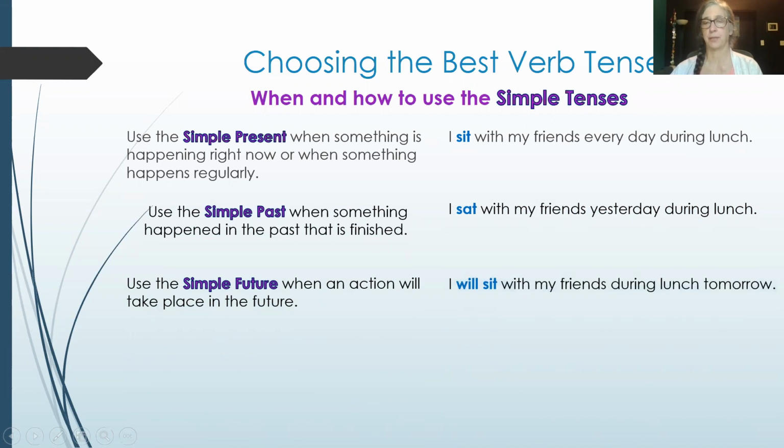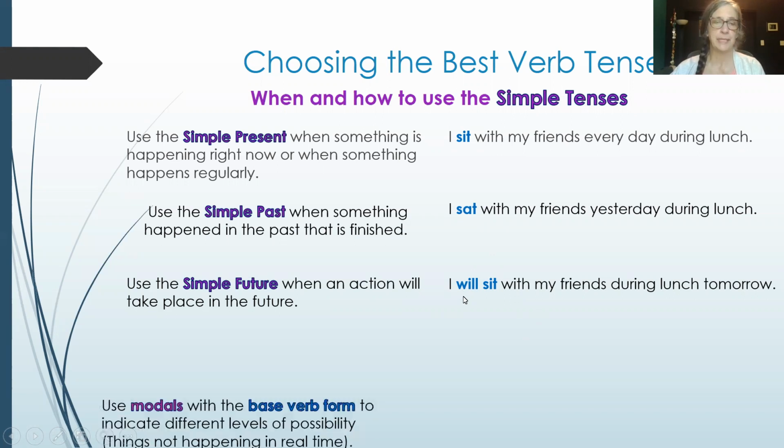I will sit with my friends during lunch tomorrow. Very simple little formulas for your simple tenses. You've got one word for the present, one word for the past, and for the future, you simply put the word will in front of your base form.